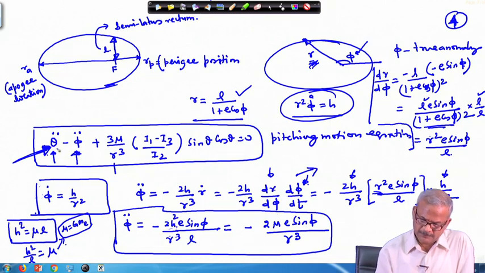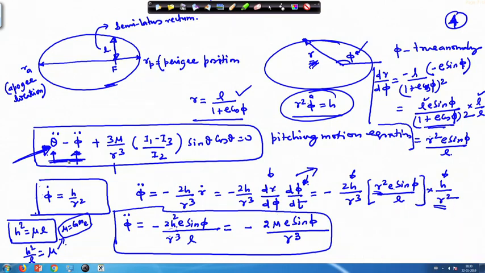Okay. Now, we pick up this equation, theta double dot minus phi double dot, and everything we have already worked out.